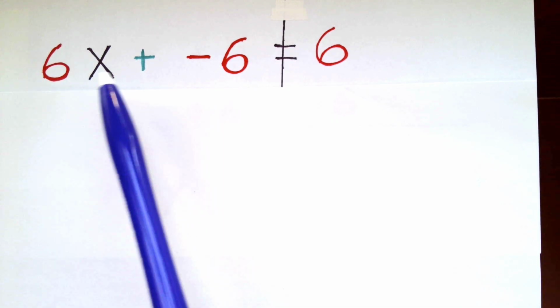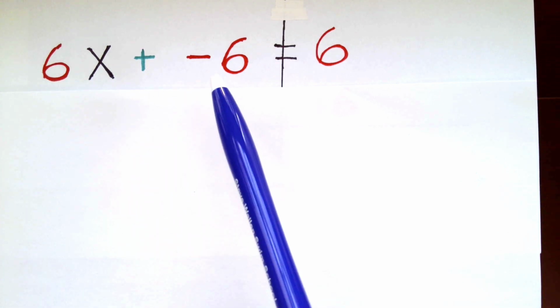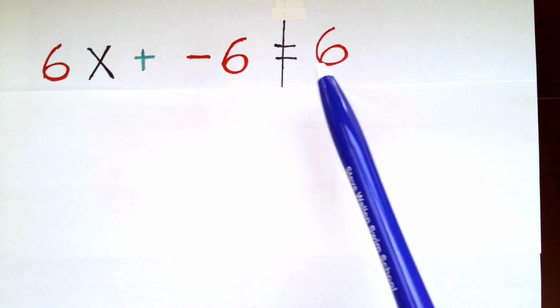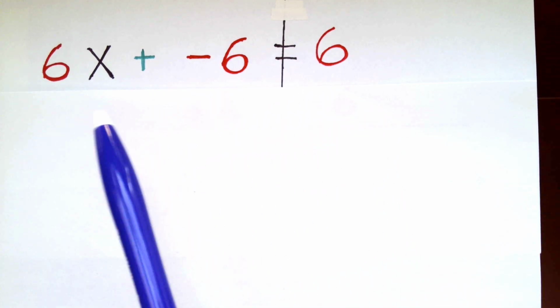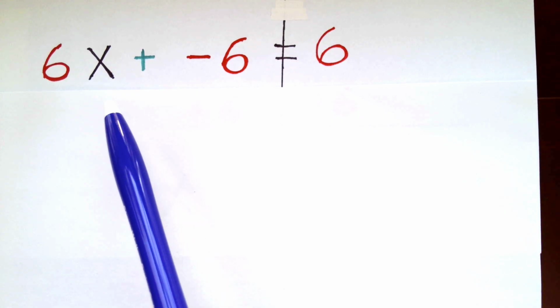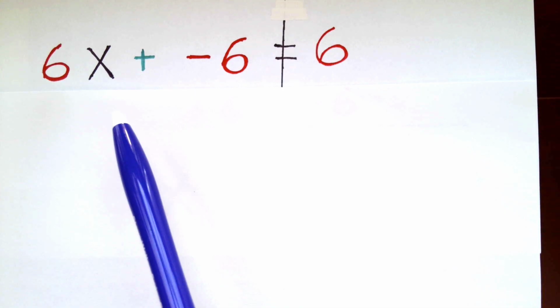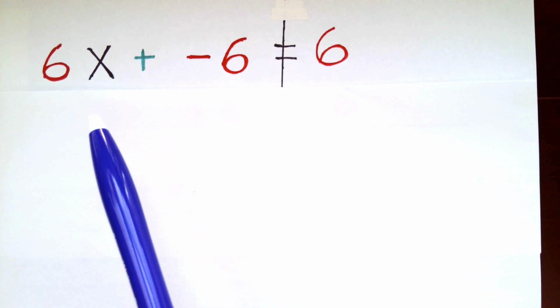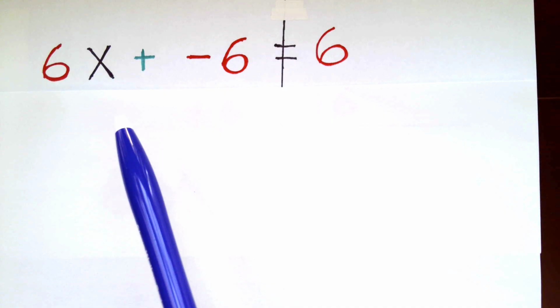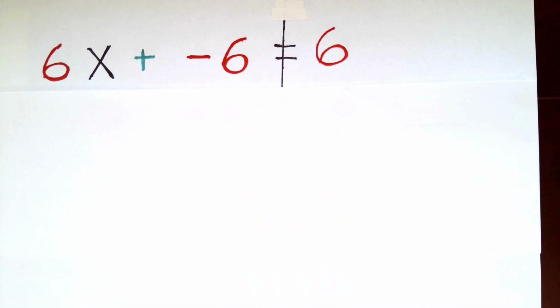And since 6x means multiplication, what number times 6 plus negative 6 would equal 6? You could solve for x right now if you could figure that out. But I want to show you both methods, and I'll be showing you the substitution method later on. So stick around. Right now, let's continue with the 2-step equation using what's called inverse operations.